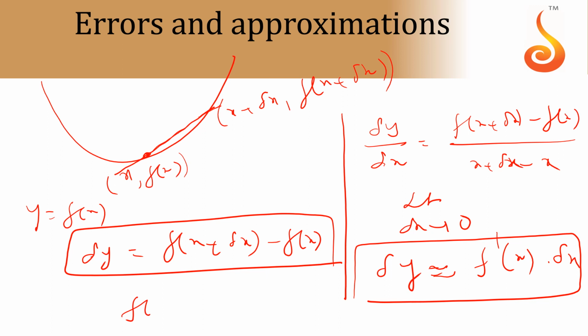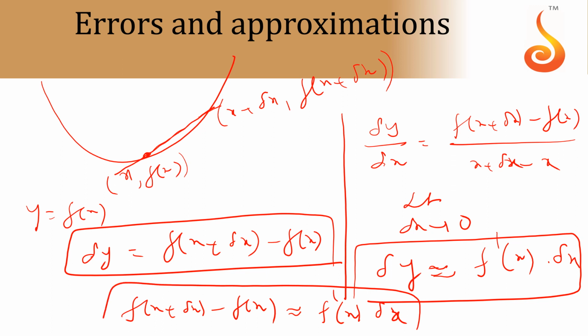So what I can say, the exact dou y, f of x plus dou x minus f of x, is approximately equal to f dash x into dou x. From this, what you can say, f of x plus dou x, if you want, it is f of x plus f dash x into dou x.